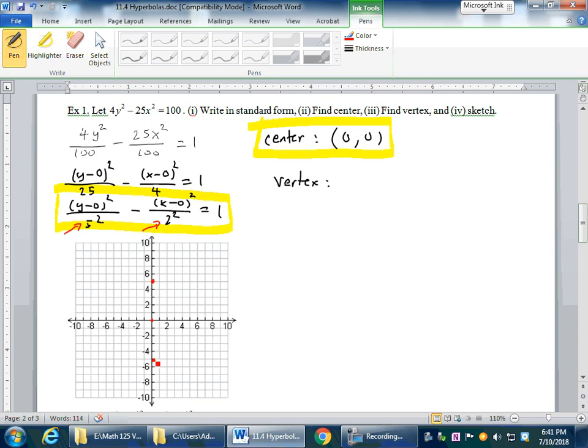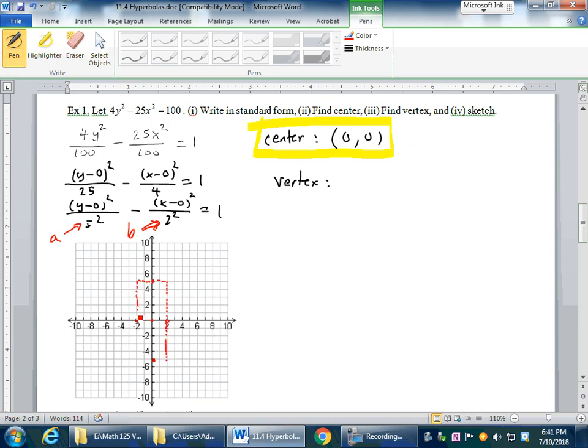And this next value, 2, my b, is associated with the variable x, so it will go left and right of the center: right 2 units and left 2 units. That will help me get the rectangular box that we were talking about earlier.